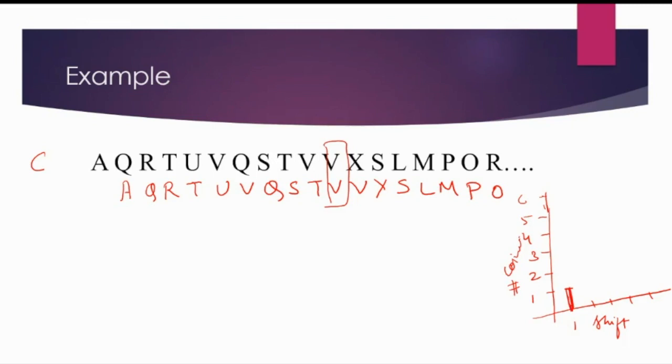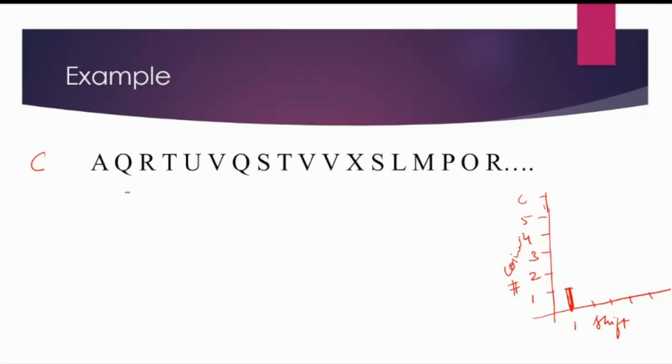Now let me shift it by 2. Right now you have to count quickly how many coincidences there are. A Q R T U V Q S T V V X S L M P. How many coincidences? Zero.